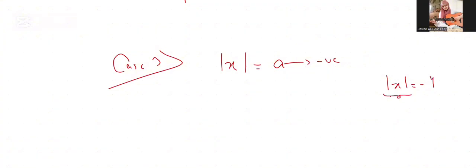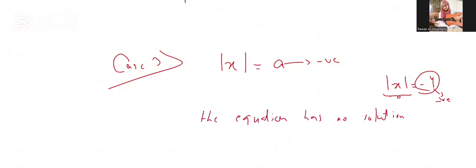So here, for example, in this case the absolute value equals a negative number. This is impossible. The absolute value is not allowed to give us a negative number. So that's why we can say that the equation has no solution. Why? Because this is impossible. So directly we say the equation has no solution, meaning the solution set S is equal to the empty set; there is no answer. So I will give you an example.